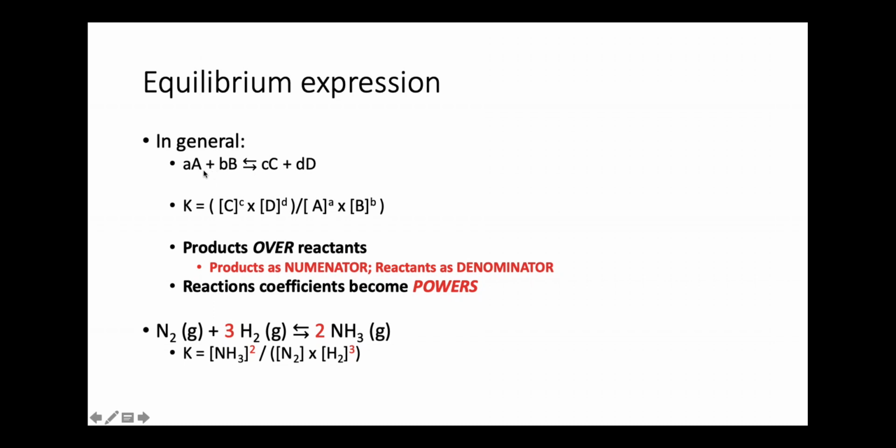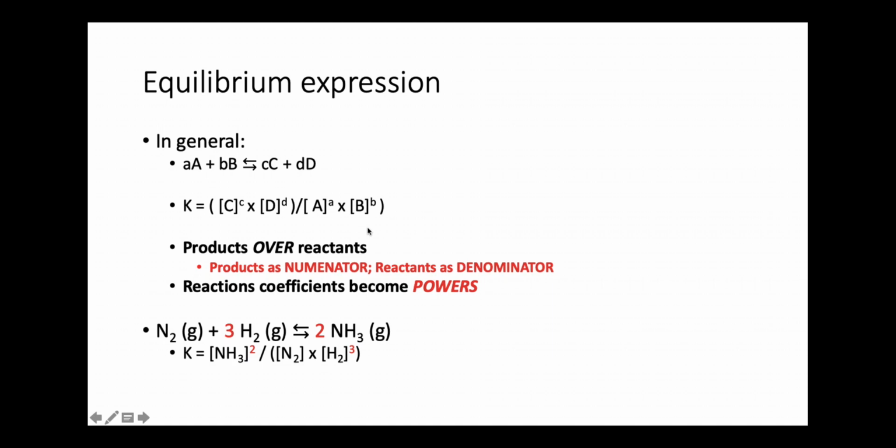So more in general, when we have aA plus bB becomes cC plus dD with the coefficients, my equilibrium expression, you see, is products over reactants, and my coefficients become powers, because K is the concentration of C to the power of c times the concentration of D to the power of d, you see from the coefficients here, divided by the concentration of A to the power of a times the concentration of B to the power of b, my reactants.